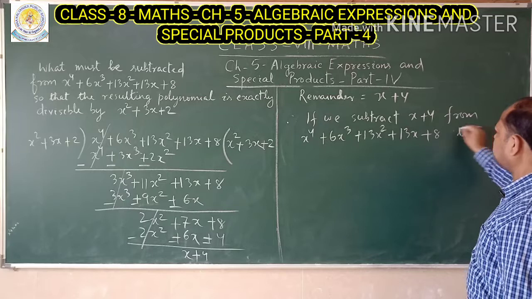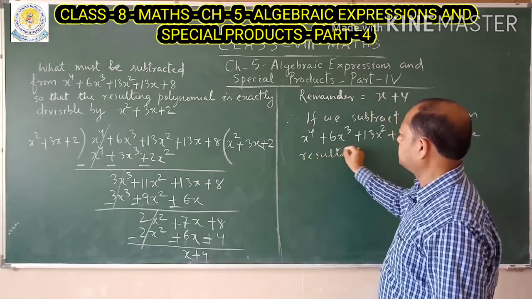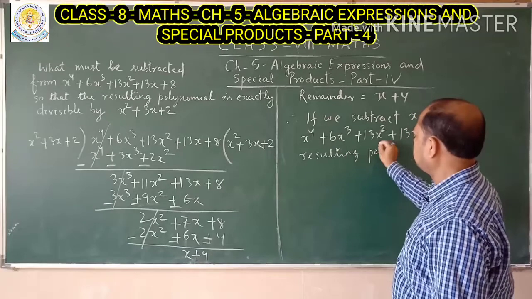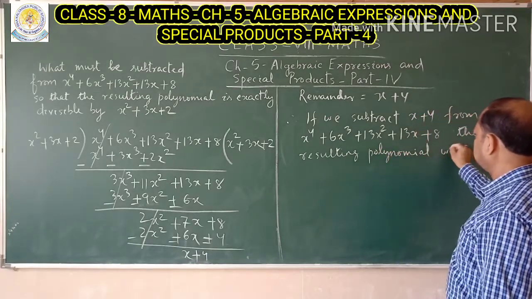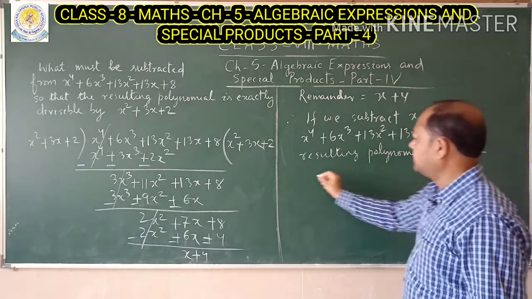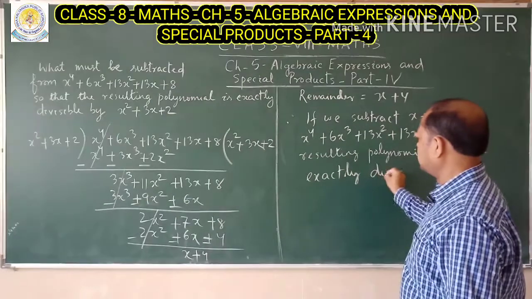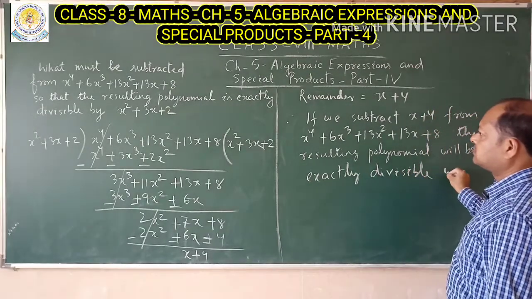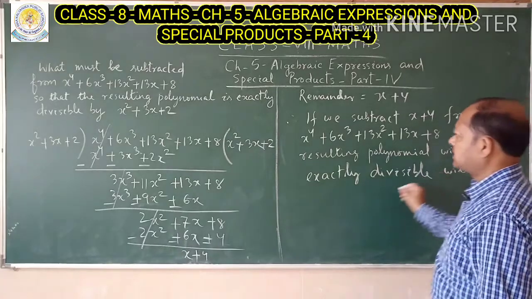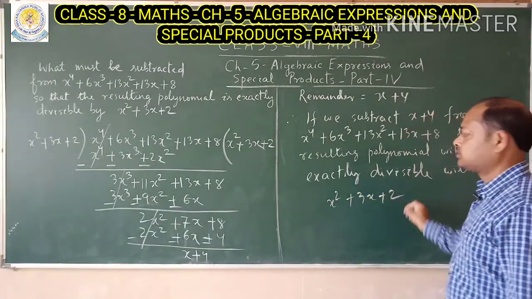The resulting polynomial will be exactly divisible with what? With x square plus 3x plus 2. Okay.